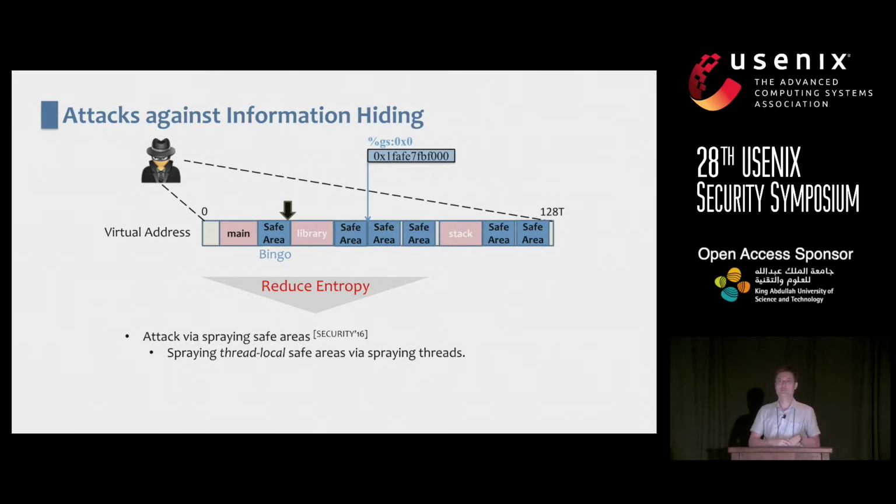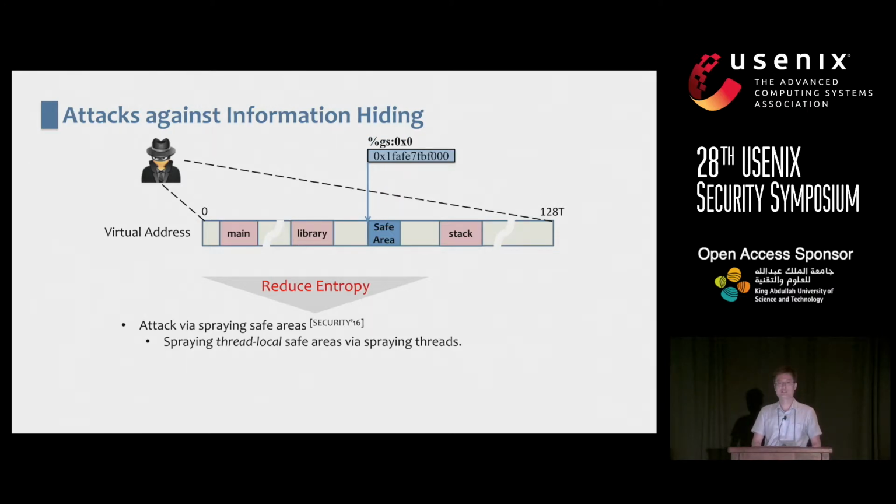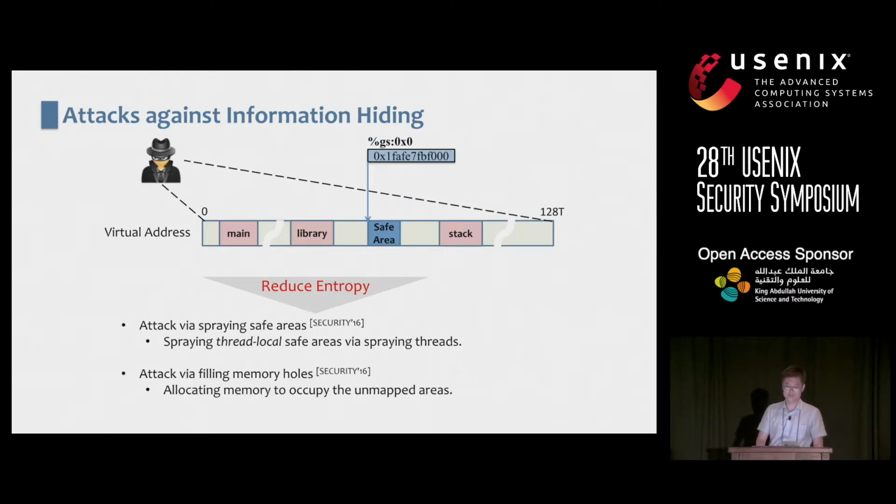So they could spray threads and then spray many thread local safe areas into the memory. The second is filling the memory holes. They allocate memory repeatedly to occupy the unmapped area. So the success probability of probing the safe area is increased.